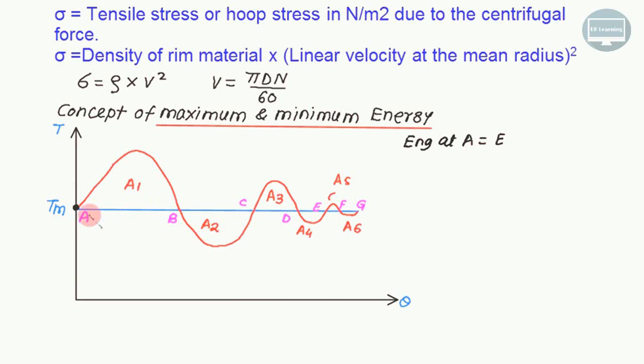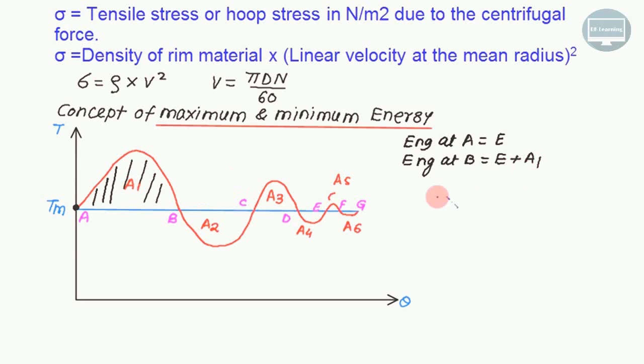With reference to this energy at A, this area is positive because it is above Tm. So the energy at B is E plus A1. Actually, we don't know what A1 is, but it is just an assigned value.